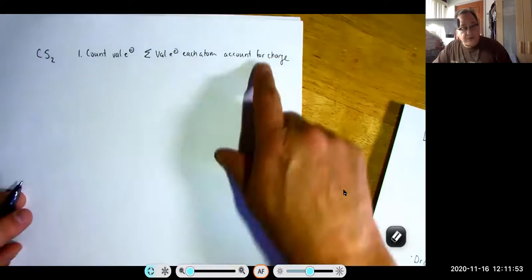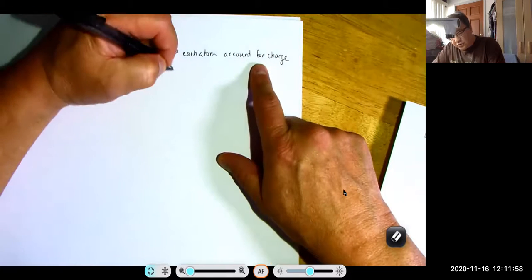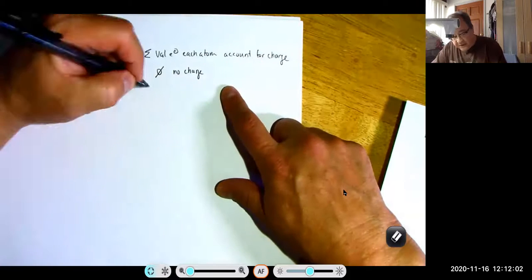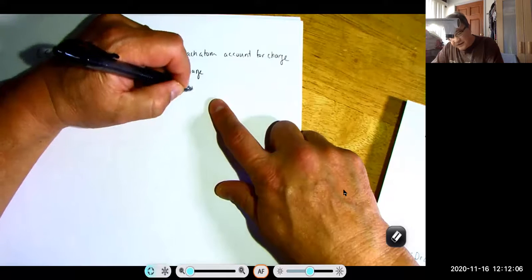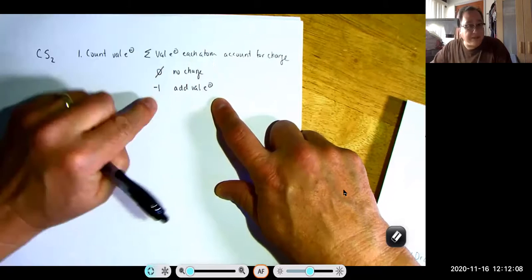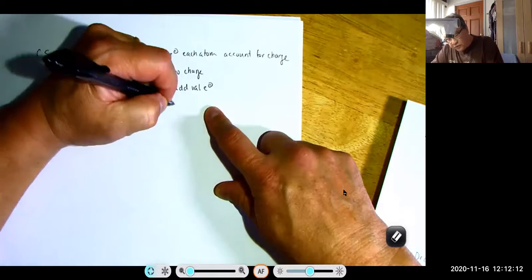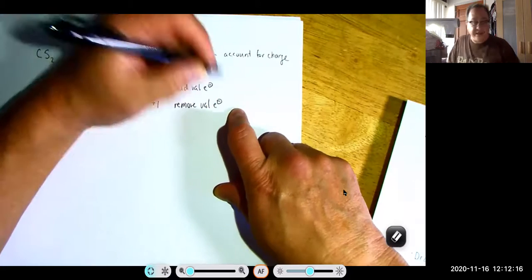And when I say account for the charge, if you have no charge, there's no change to the valence electrons. If you have a -1 charge, you have to add a valence electron because that's how you get the negative charge. If you have a positive charge, you have to remove or subtract a valence electron because that's how you get the positive charge.